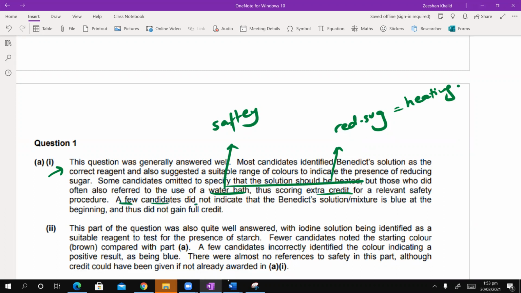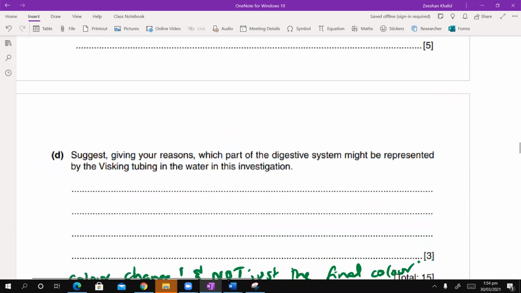A few candidates did not indicate that the Benedict solution is blue at the beginning and thus did not gain full credit. Again, the reason I'm making you do this is everybody knows and understands the content of the food test, but when it comes to attempting the exam style questions, that's where it gets challenging. ठीक है? चलें जी आगे चलते हैं B part.